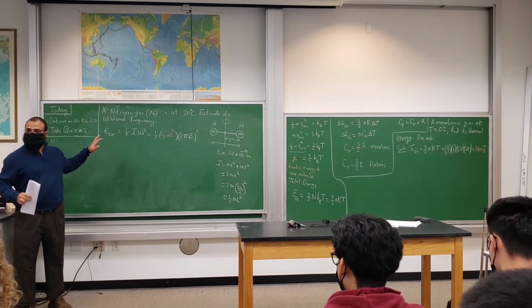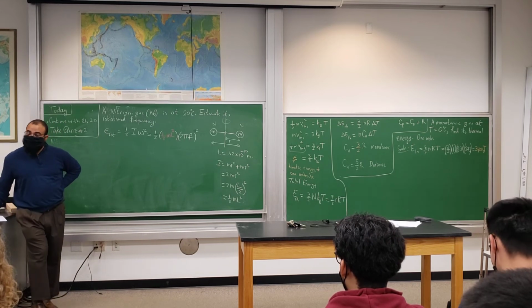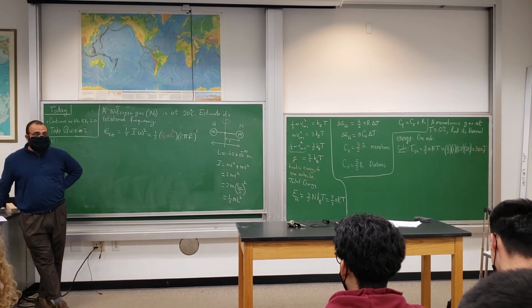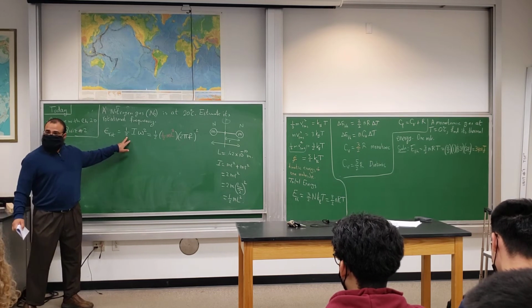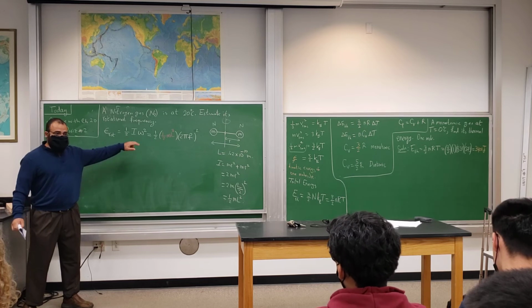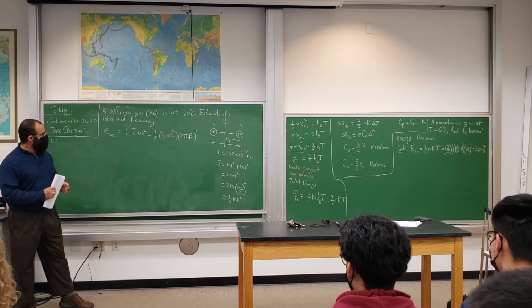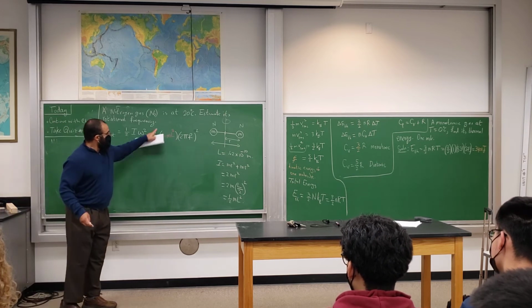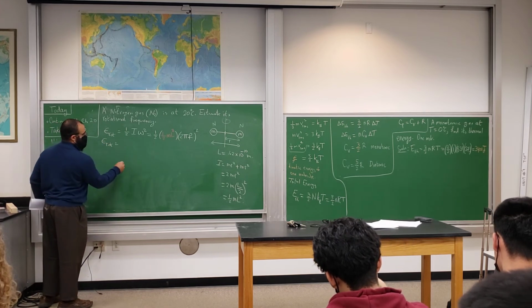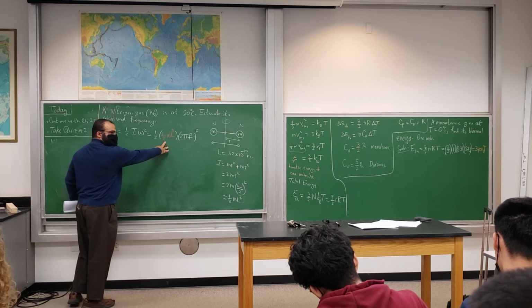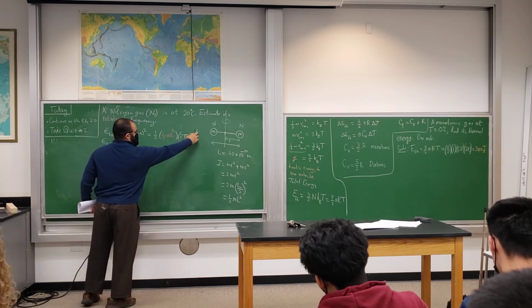Yeah, questions on this one? 1/2 I omega squared. The important thing is this rotational kinetic energy is 1/2 I omega squared. So let's simplify this. E rotational will be 1/2 times 1/2, which is 1/4. But the 2 here gets squared, it becomes a 4.